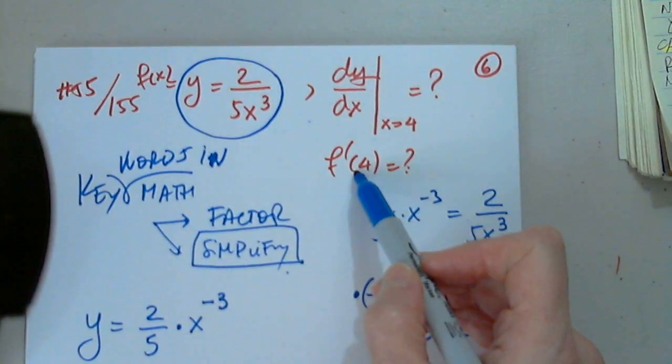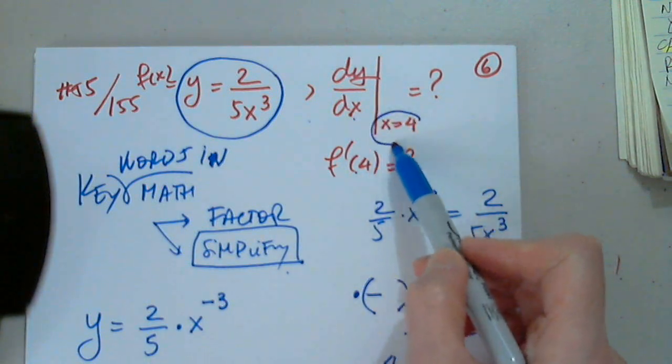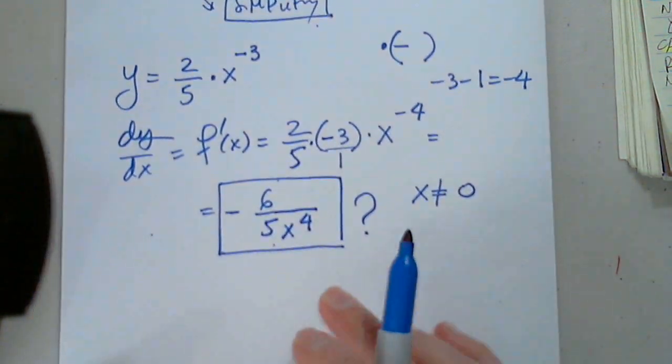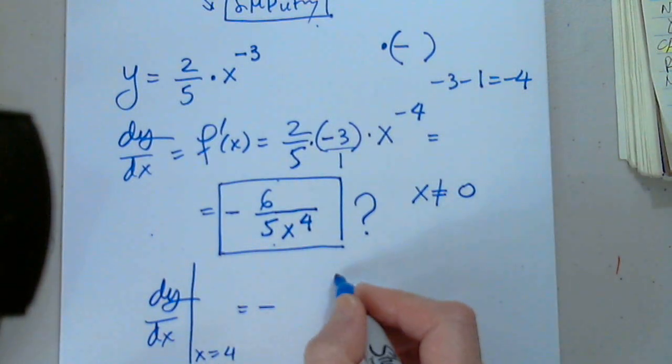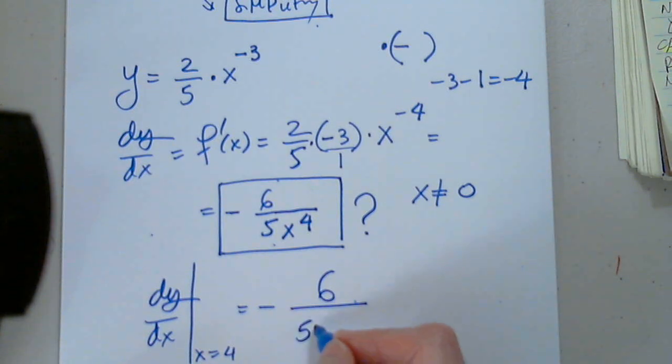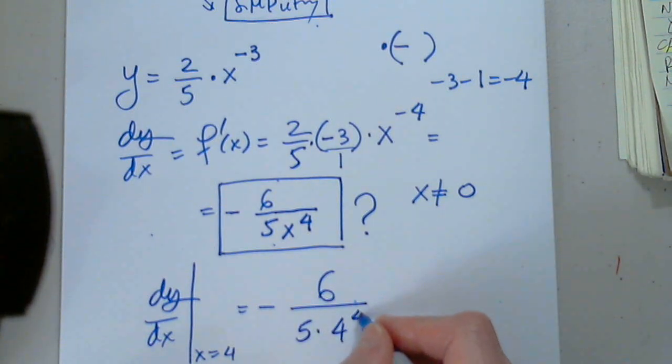We are asked to find dy over dx when x is 4. Okay, no worries. Dy over dx when x is 4 is -6 over 5 times 4 to the 4th power. I did not read whether they want an approximation or just exact. They didn't say anything.